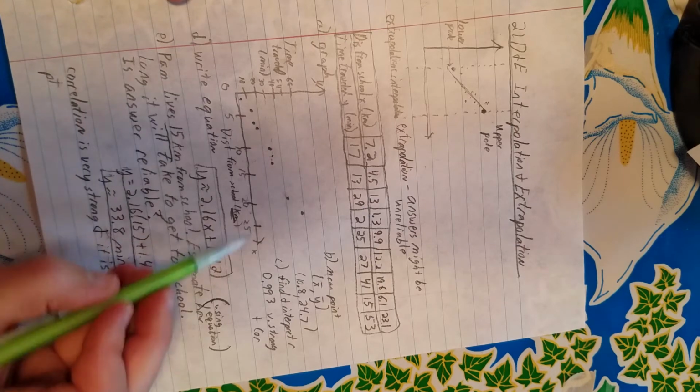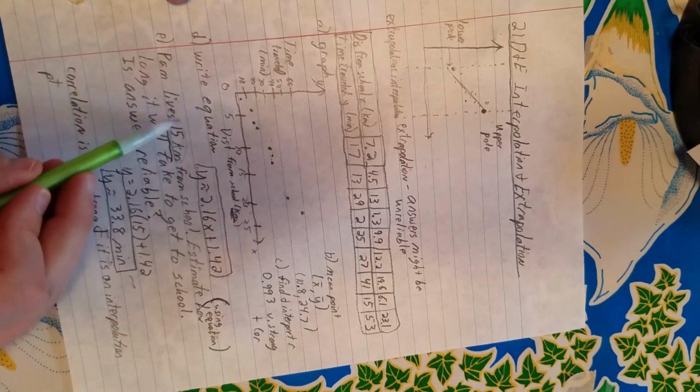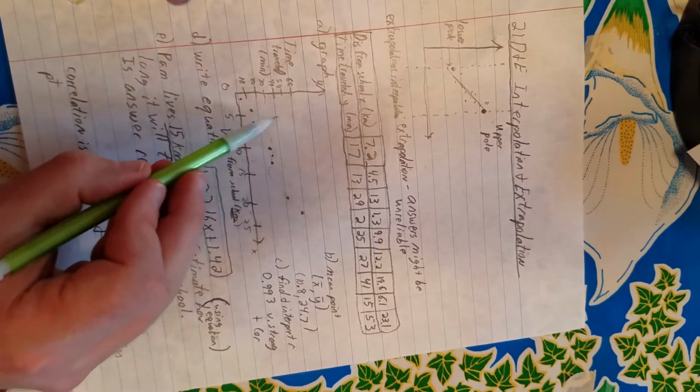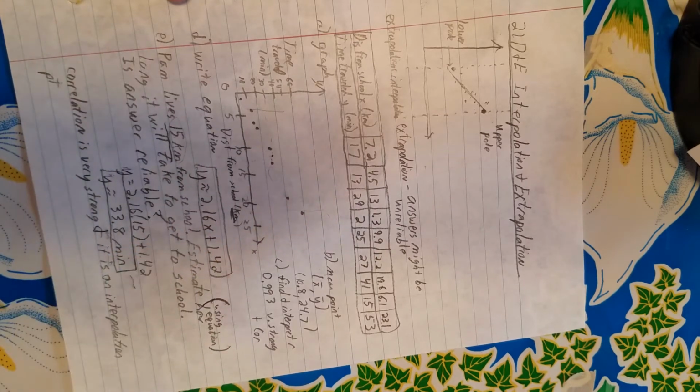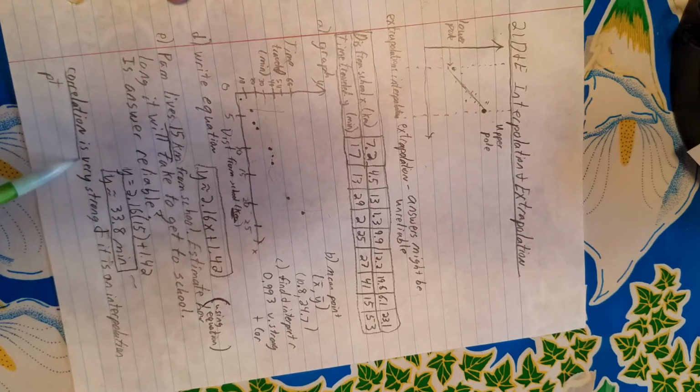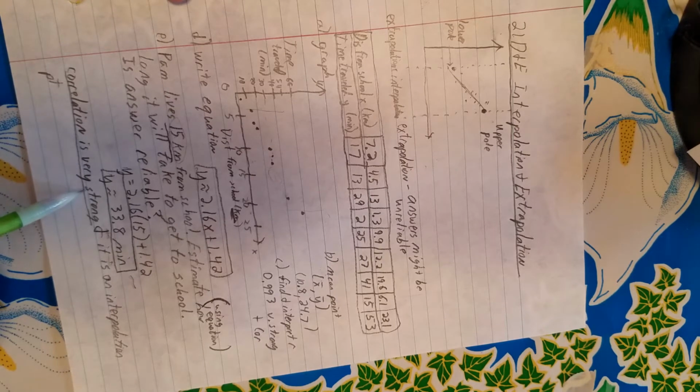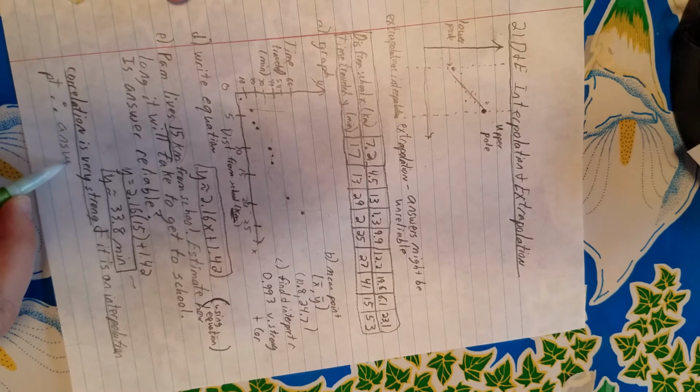Because 15 is inside the points. So since it's both, again, the correlation just needs to be strong. All right, so the correlation needs to be strong, and it needs to be an interpolation point. If both of those are true, therefore, the answer is reliable.